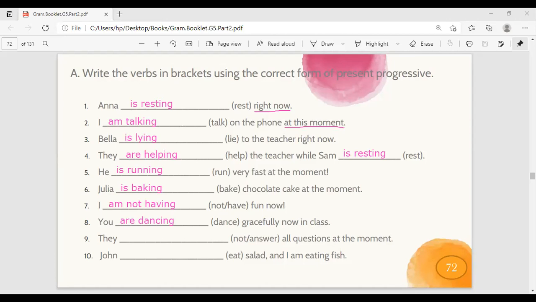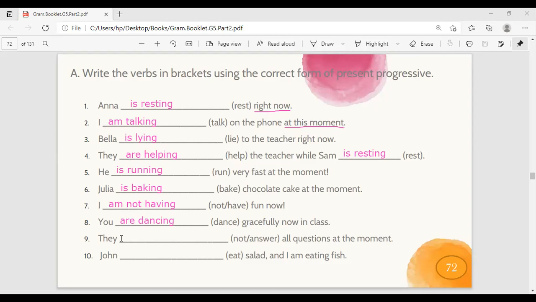They answer all questions at the moment. They didn't... Repeat it. I didn't hear you. They didn't. Why didn't? We said we have to use the present progressive.